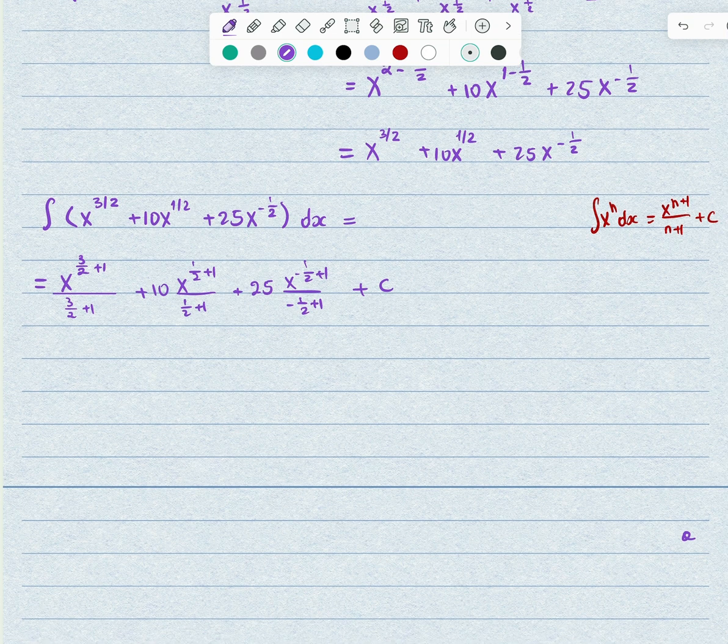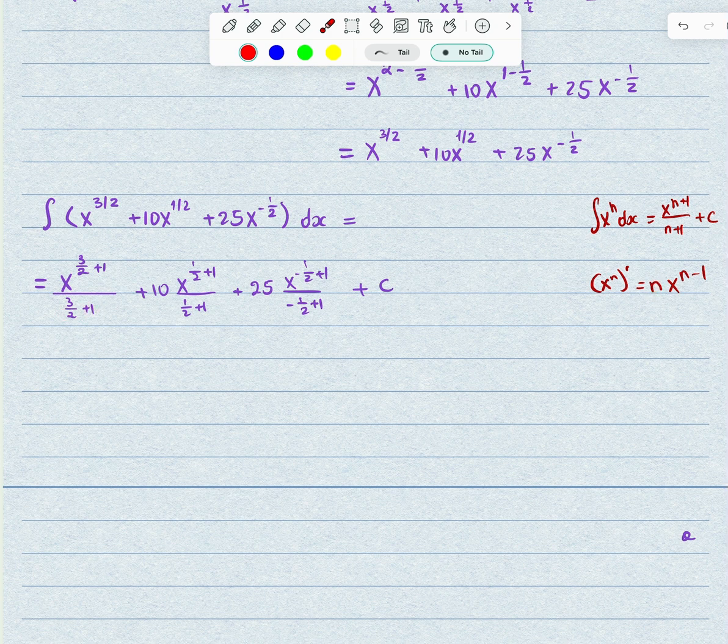Because the derivative of some expression is equal to this. When you're finding the integral, you're basically increasing the power and dividing by the new power, because that's how you find the derivative, right? When you find the derivative of x to the power of n, it's going to be n x to the power of n minus 1. So there will be a factor of n, so you should be dividing by n, the power plus 1.